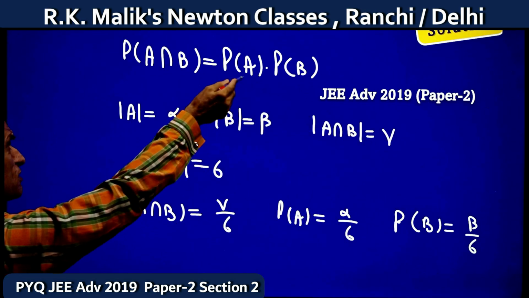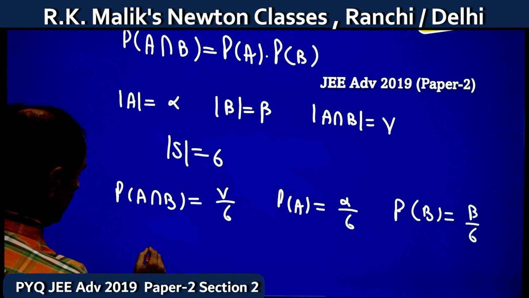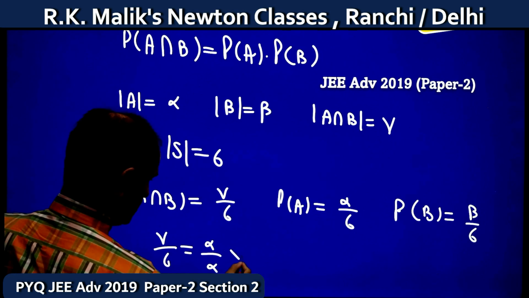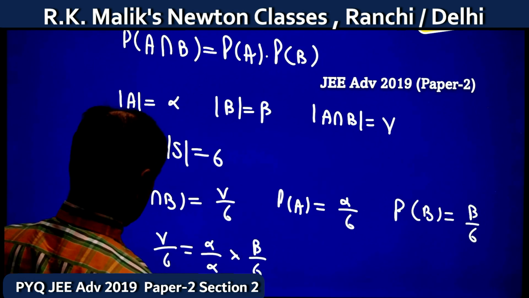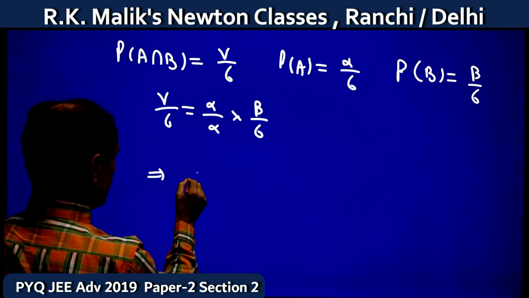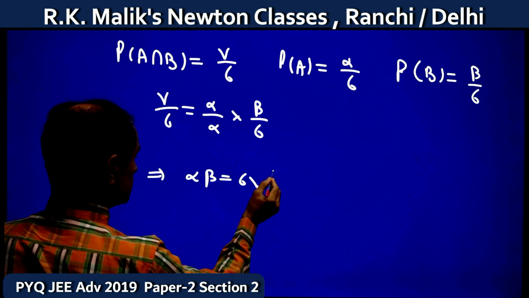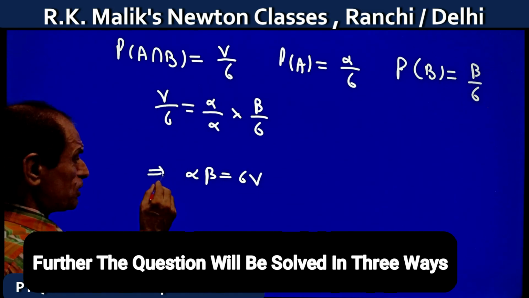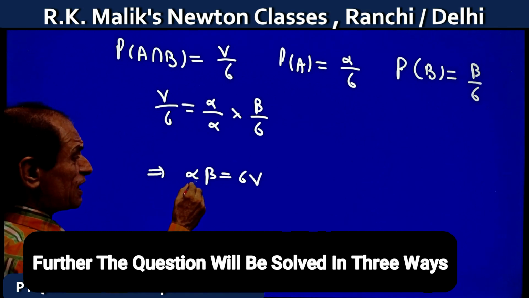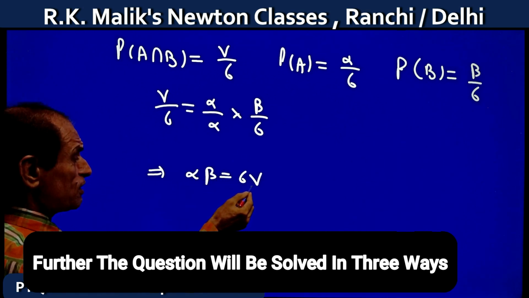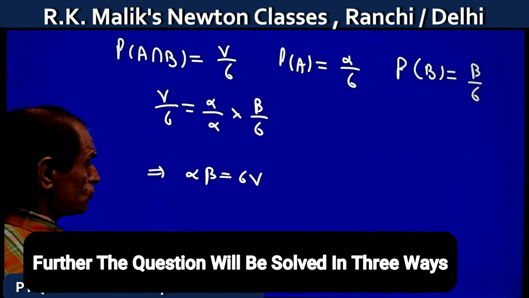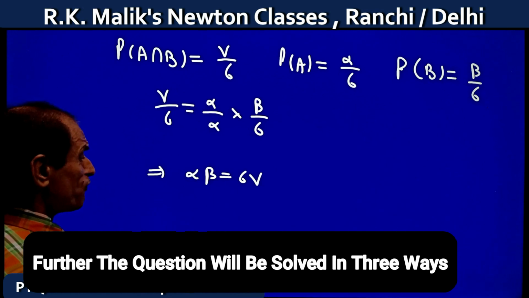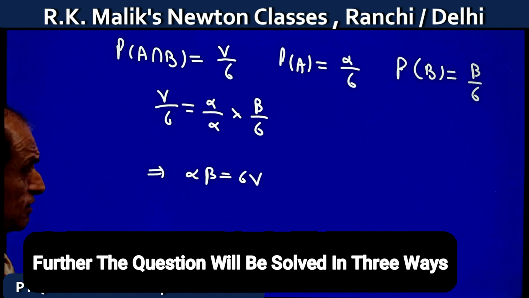Because if I want this condition to be satisfied, it means I require gamma by 6 is equal to alpha by 6 into beta by 6, which means I require alpha beta is equal to 6 gamma. Further, I will do this question in 3 ways. I will start putting the value of alpha and get the value of beta and gamma which satisfy this condition. Or I start with the value of beta and get the value of alpha and gamma which satisfy this condition.